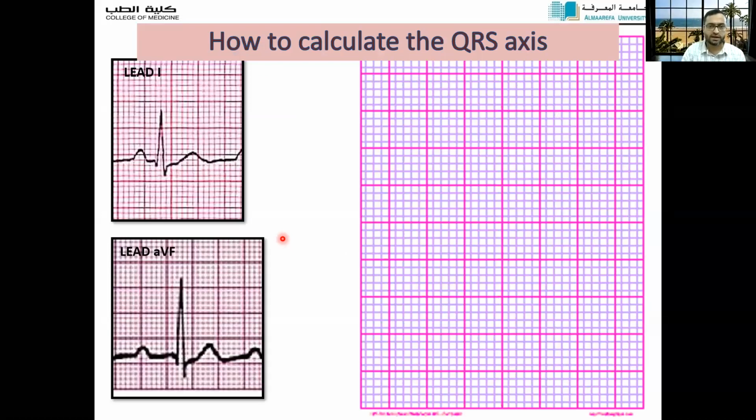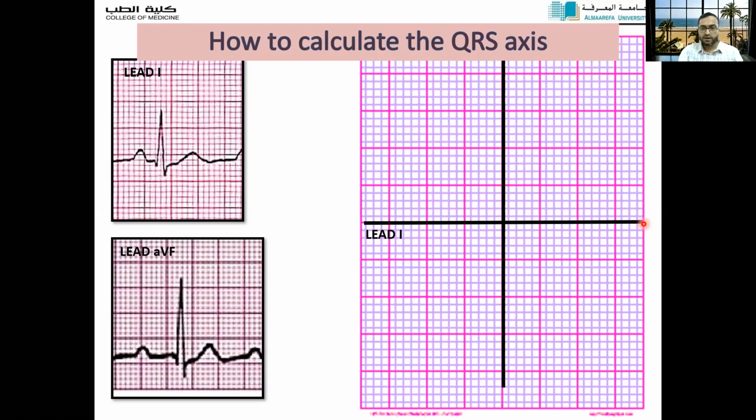What next? Take a graph paper. So we have lead 1 here and lead AVF. Now draw lead 1 on the graph paper, draw lead AVF on the graph paper. Now, as I told you before, everything below is positive values, everything above is negative values for AVF.